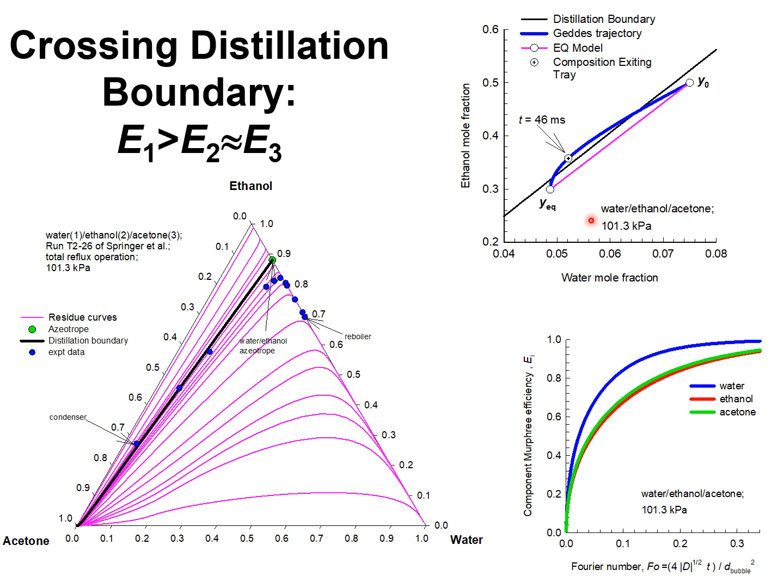So put another way, differences in the component efficiencies cause boundary crossing. That was the conclusion drawn in my previous presentation.